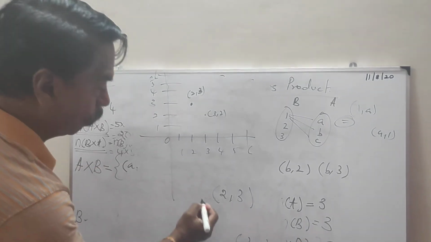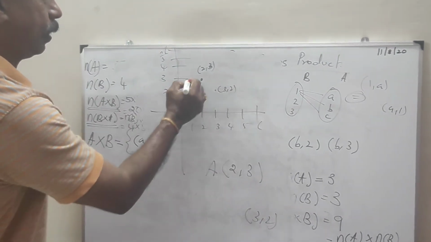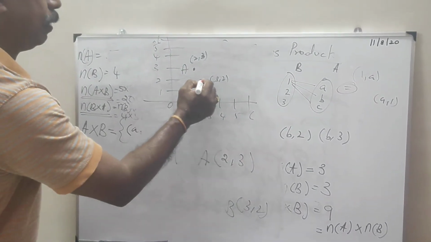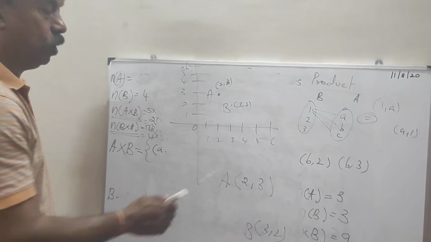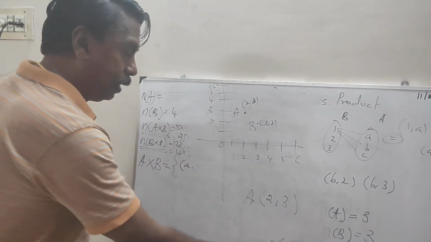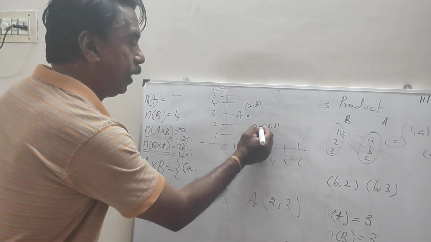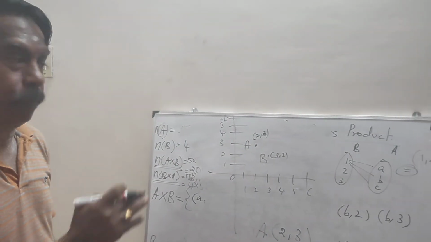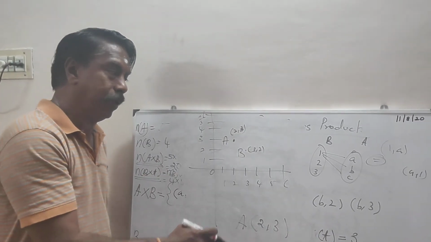Now you see that if you take this as A, that is A is 2 comma 3, and if you take this as B, B is 3 comma 2. Now A is 2 comma 3, this is here, and B, 3 comma 2, is here. Their positions are different.